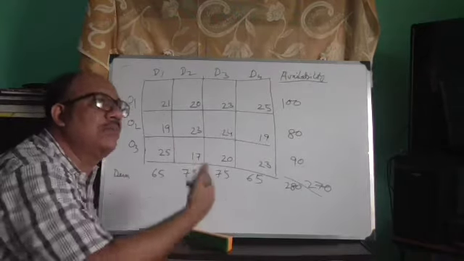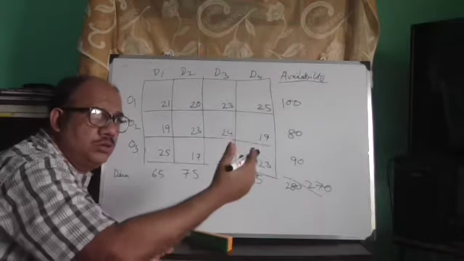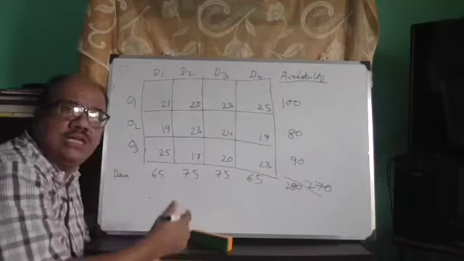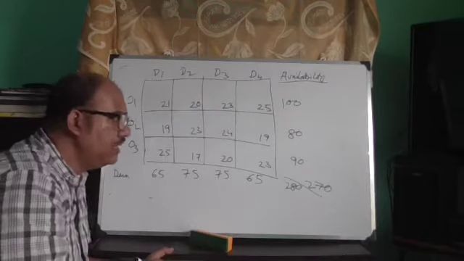That means we need some more origins, or some more place where the extra units are to be stored.